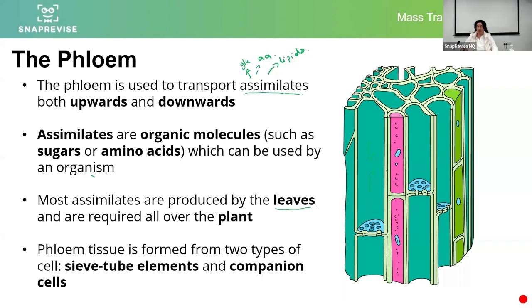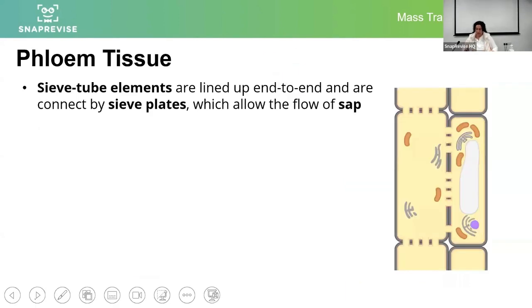And we're going to have a look in a bit more detail at exactly the types of cells that make up the phloem, but it's basically made up of two types of cells, namely the sieve tube elements and the companion cells. The sieve tube elements, which are these ones here. Elements, it's a cell, right?